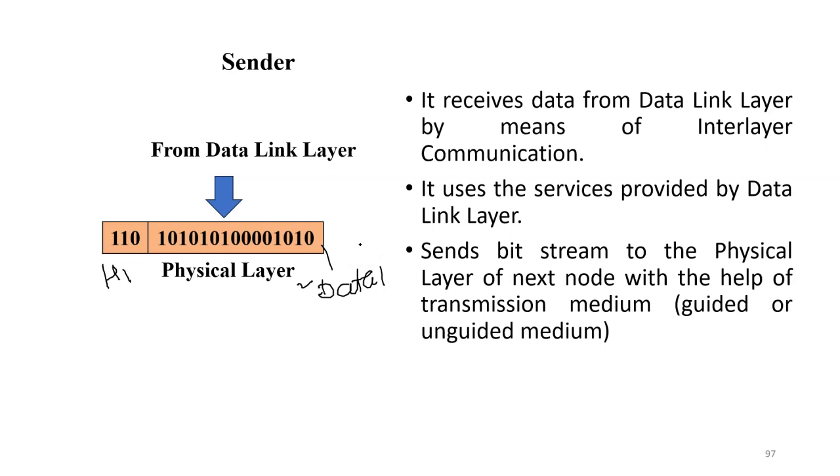Now physical layer sends bit stream to the physical layer of next node with the help of transmission medium, that is guided medium or the unguided medium, or we can say wired medium or the wireless medium.